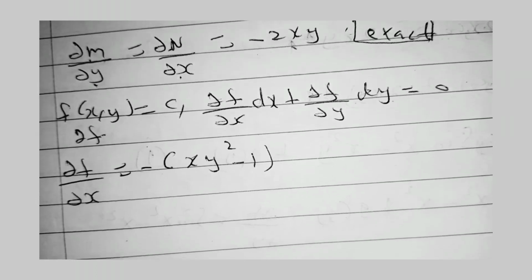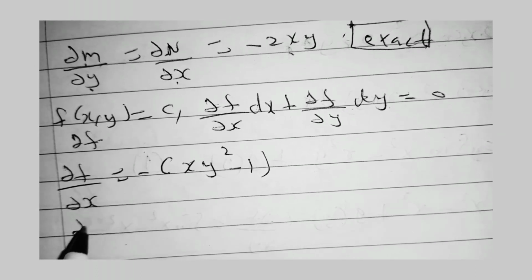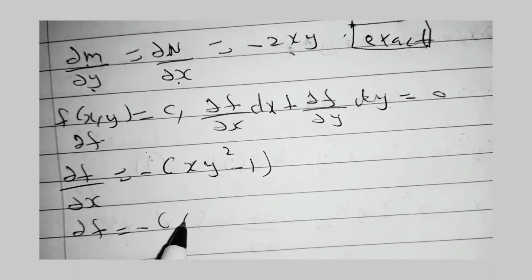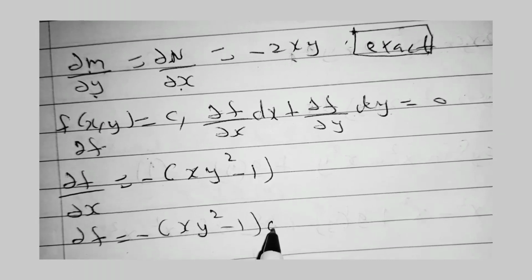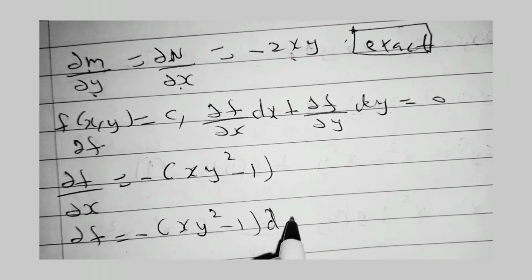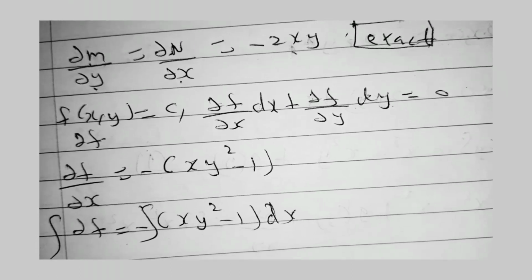That is what we are given. Then from there, you integrate this equation. So partial of f is equal to negative (xy squared minus 1) partial of x. So you integrate this equation both sides to obtain the following.